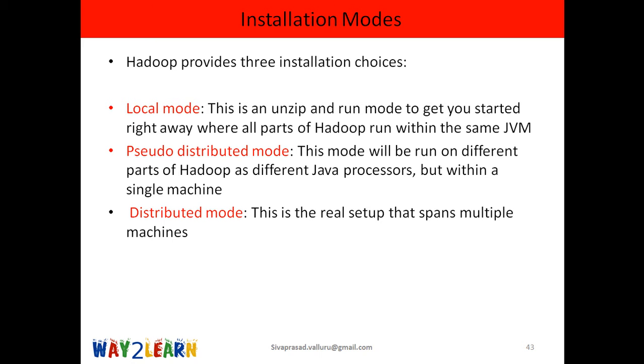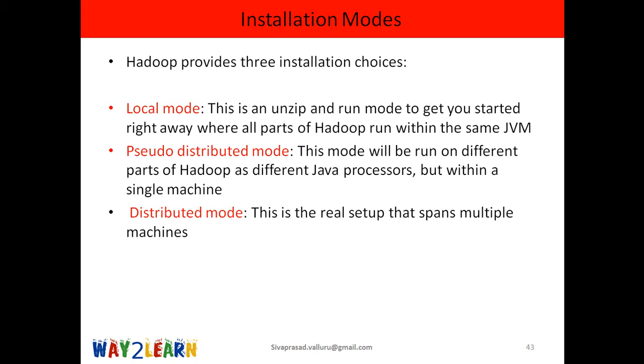What is the difference? If you want to run Hadoop in local mode, you just have to unzip the tar file and you can run the Hadoop command. There will be a file called hadoop.sh. You can just run that hadoop.sh. It will run inside the same JVM.